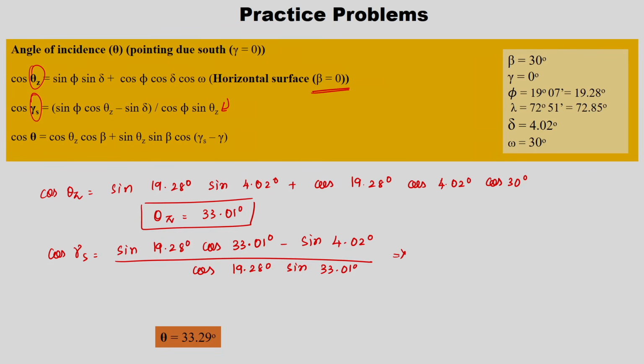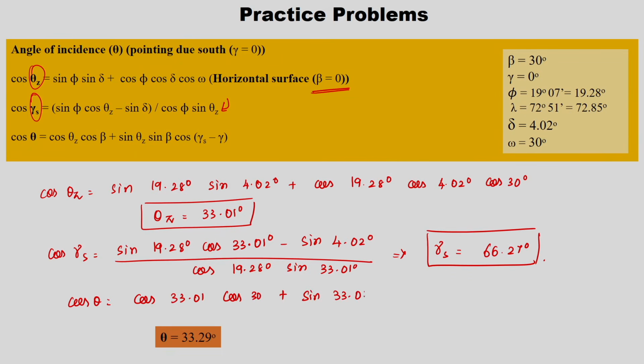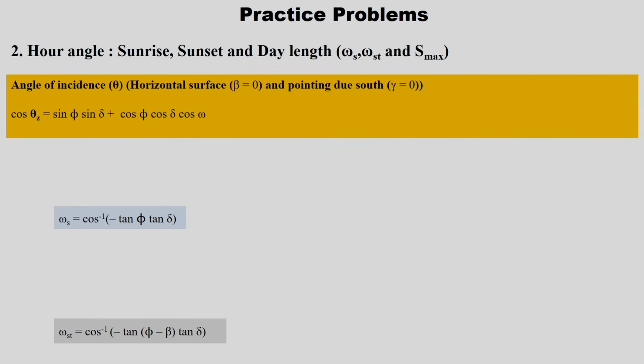If you substitute and calculate, gamma s turns out to be 66.27 degree. Then we substitute in the cos theta formula, cos of 33.01 cos of 30 plus sin of 33.01 sin of 30 and cos of 66.27 minus 0, since gamma is 0. If you substitute, then also you would get theta as 33.29 degree.